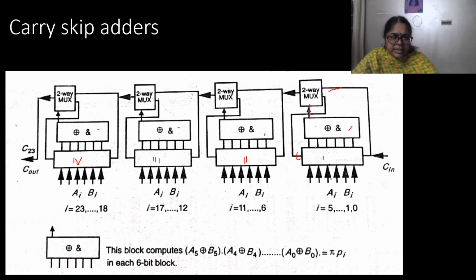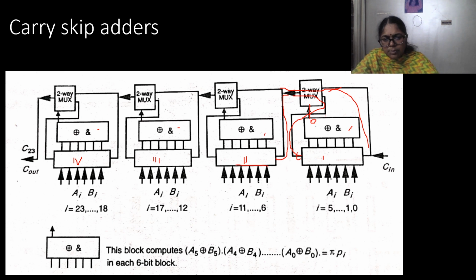Now, based on this, if this signal is 0, that means the carry generated by the block is going to be passed to the output as the carry out. Otherwise, if the signal is 1, then the carry input is going to be passed as the carry output. Similarly, you can see here this carry output, which is obtained from the multiplexer of the previous block, is given as carry input to the next block.